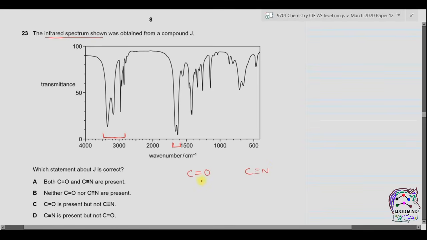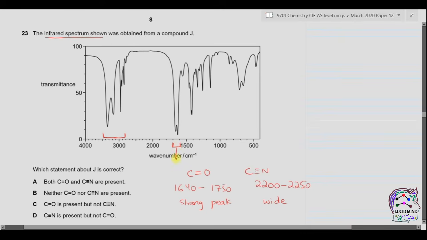From the data booklet we know that carbonyl comes between 1640 and 1750 with a strong peak, while C≡N comes between 2200 and 2250 per centimeter, and the peak is wide.